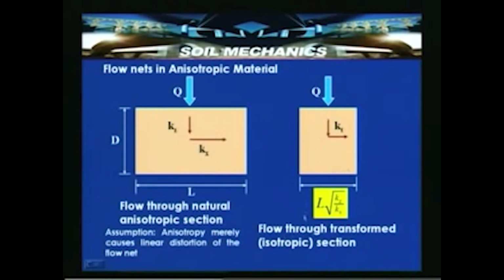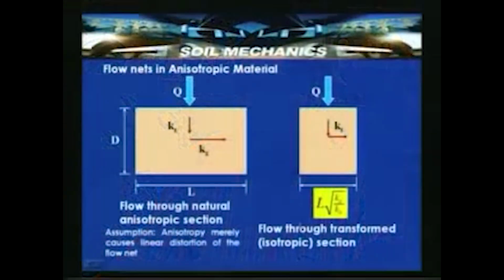Now look at the flow through the transformed section, because we have to convert this into a permeability which is isotropic in nature. Let us assume that Kt is the transformed permeability, the same in the horizontal direction as well as in the vertical direction. In this way, the anisotropy is converted into isotropy by considering a transformed permeability.